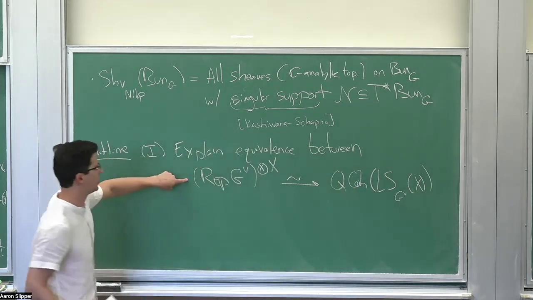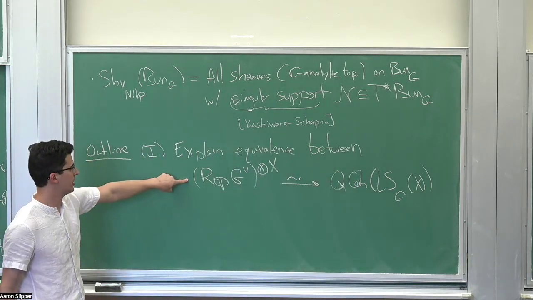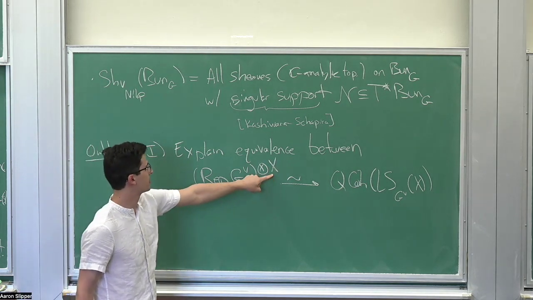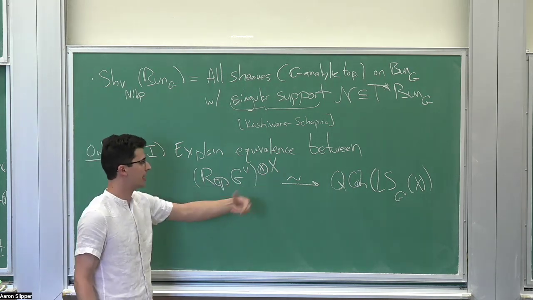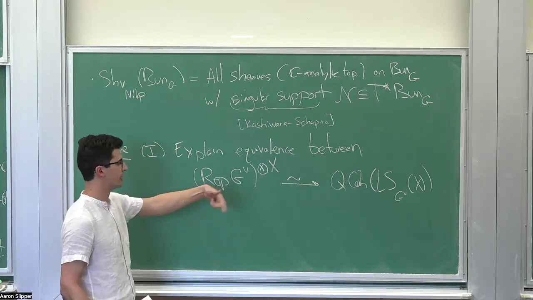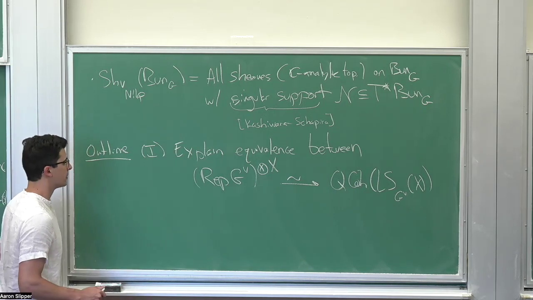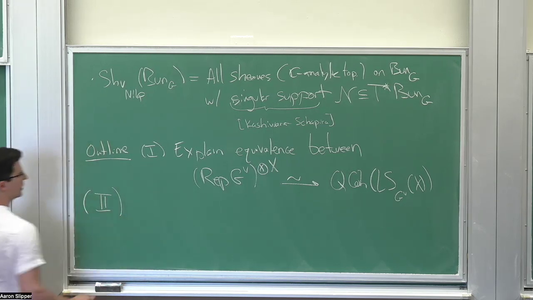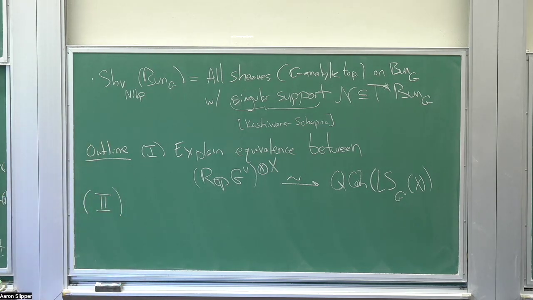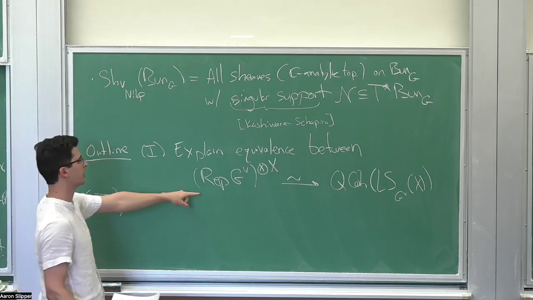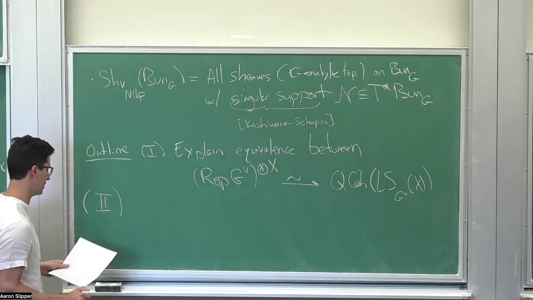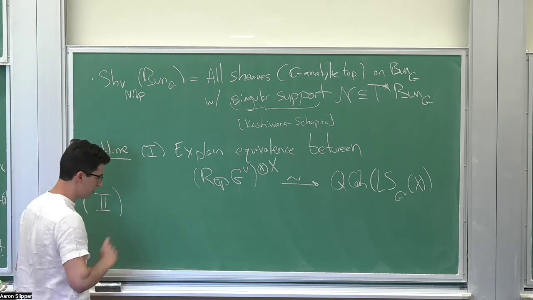I'll define this category shortly, but one way to phrase it is that we take the chiral homology of Rep G check along X. So in particular, if X were any finite set I, then it's just Rep G check tensor I many times. Using this equivalence, we can then reformulate the question of giving this action to giving a compatible system of actions on sheaves on BunG. This is done by the geometric Satake.